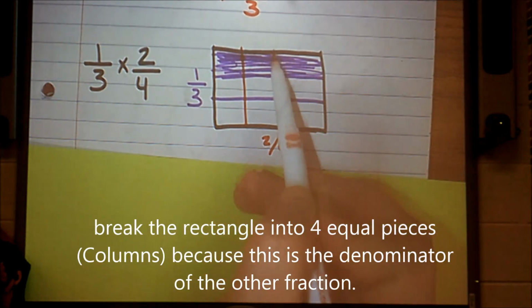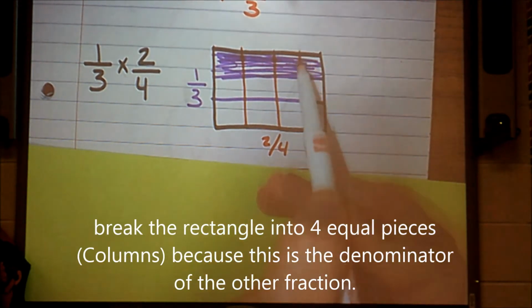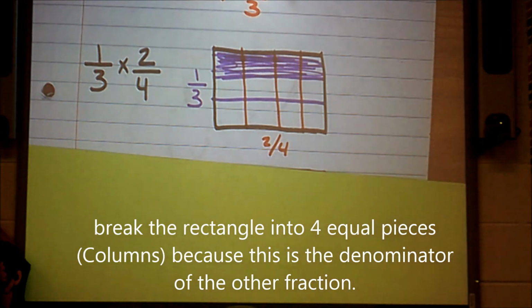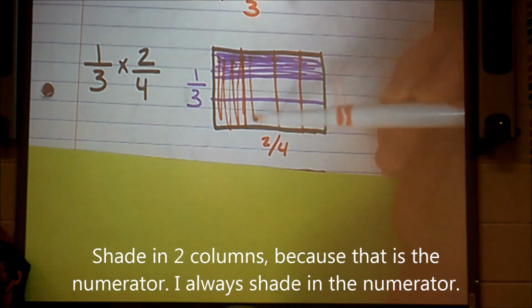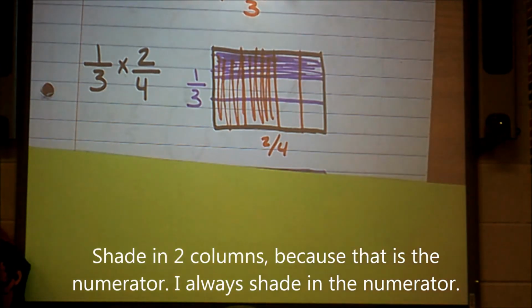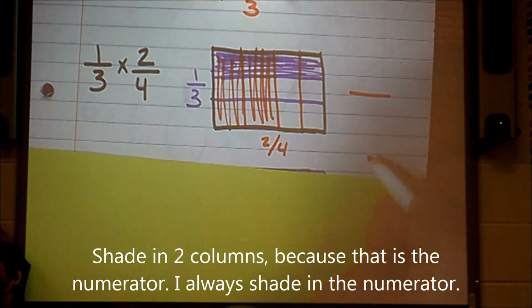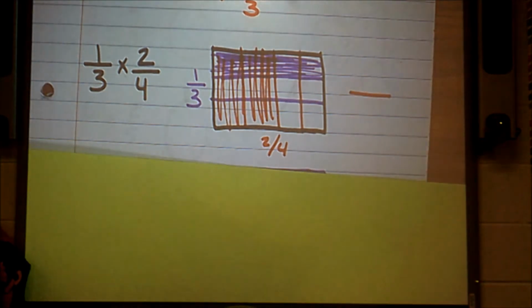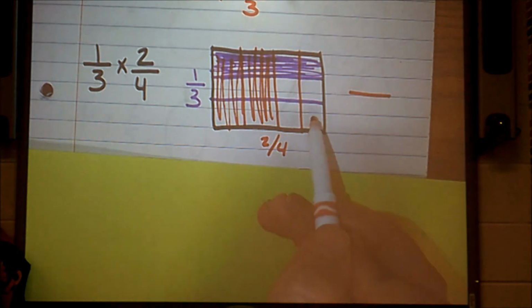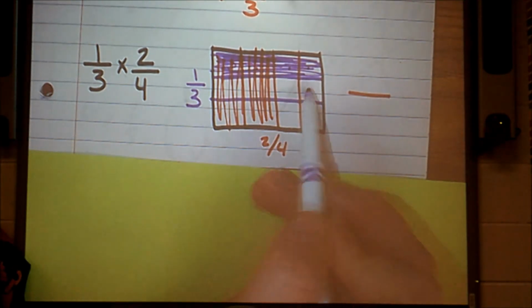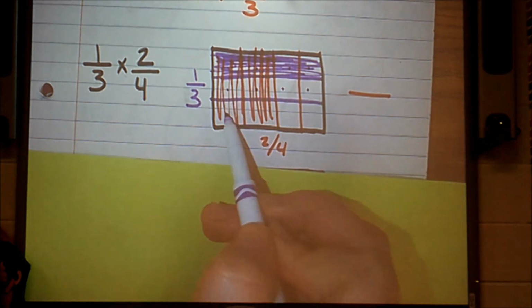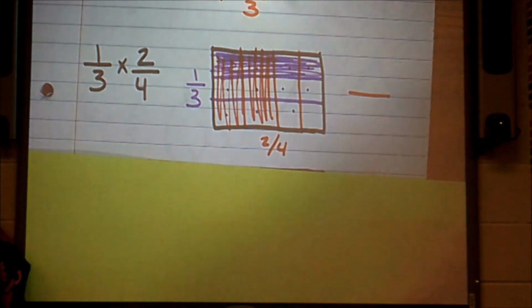2, 3, 4. And I'm going to shade in 2 of those columns because that's what my numerator is. So the total number of pieces that I have here, 1, 2, 3, 4, 5, 6, 7, 8, 9, 10, 11, 12.